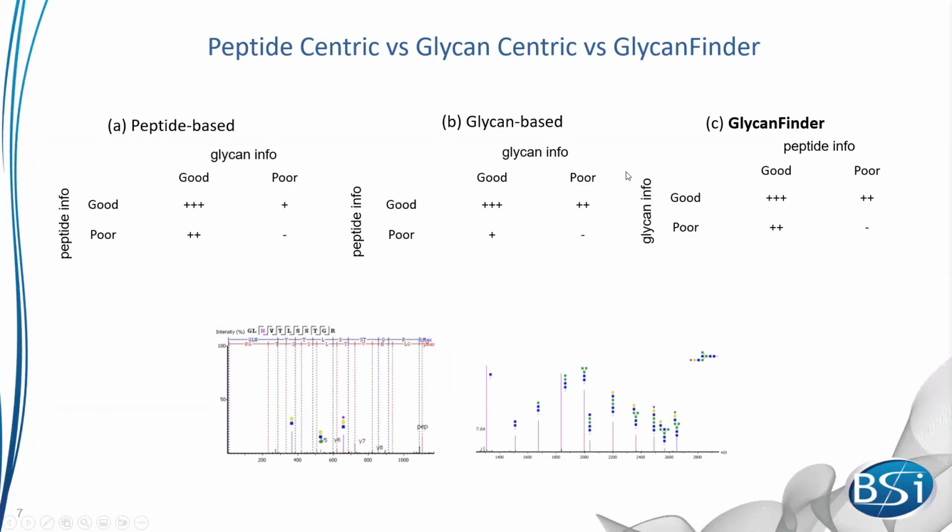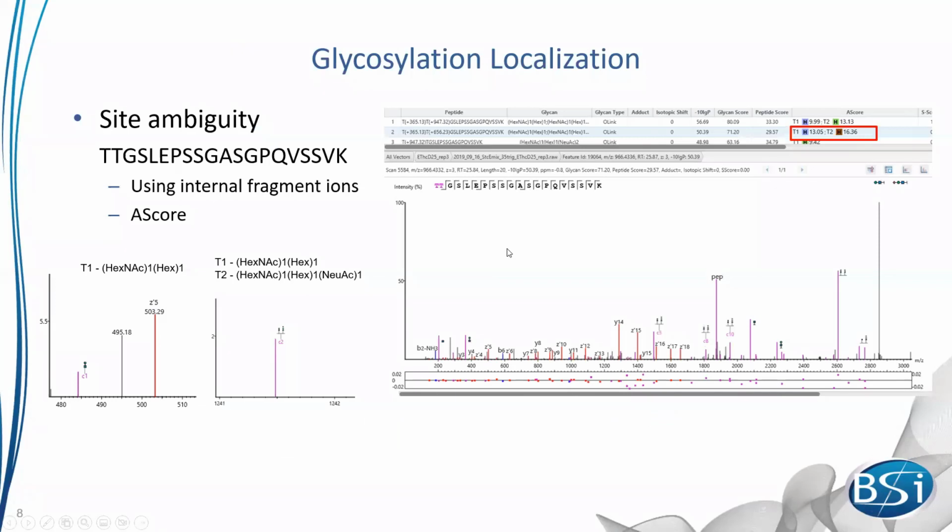The opposite's true with a glycan-based approach. So if you have a poor peptide signal in that case, you're probably not going to get a good identification. With Glycan Finder, since we use a combination of both approaches, we're able to maximize the sensitivity of the search and find potential matches if you have a poor glycan or a poor peptide, in order to get the most glycan matches possible.